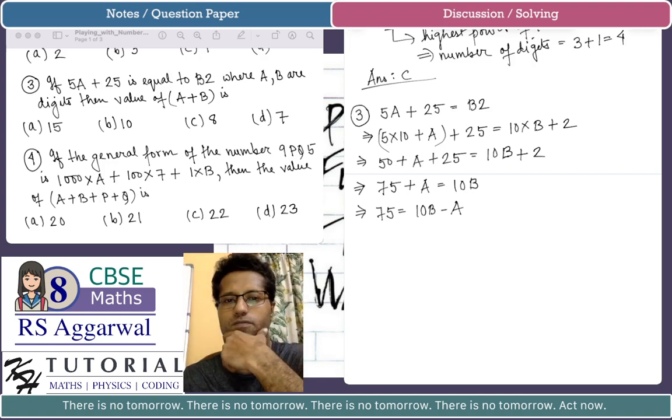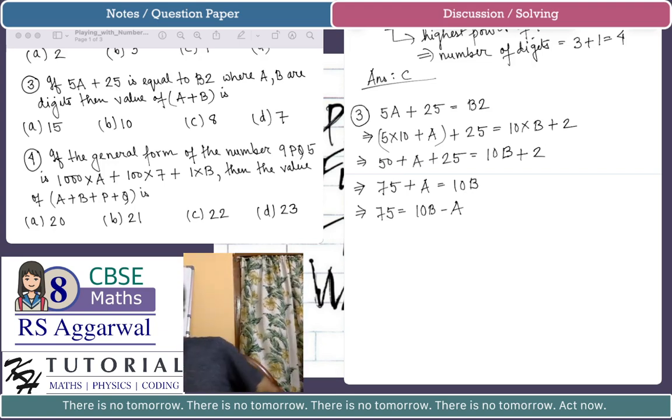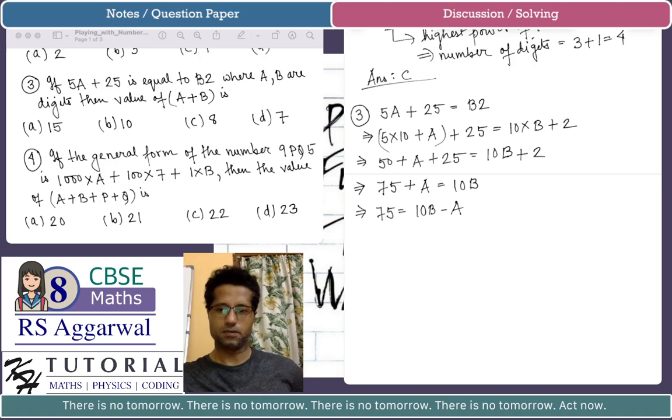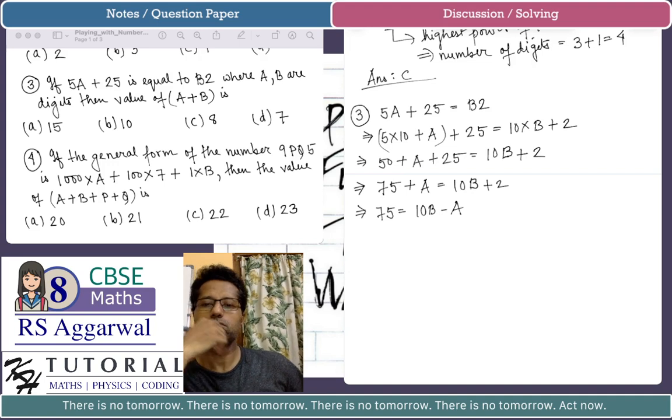Where A and B are digits, and find the value of A plus B. So we have 75 plus A equals 10B plus 2, BA.